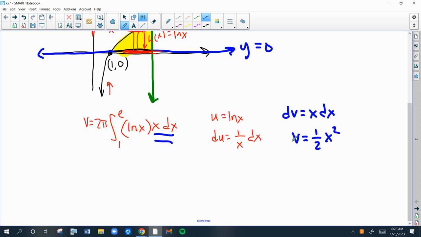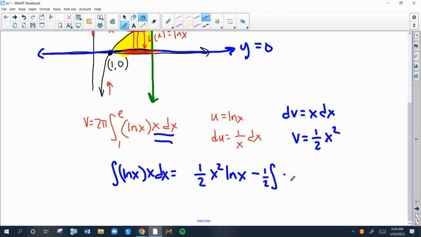Now we use the integration by parts formula. The integral of ln of x times x dx is equal to u times v, so 1/2 x squared ln of x, minus the integral of v, which is 1/2 x squared, times du, which is 1/x dx.